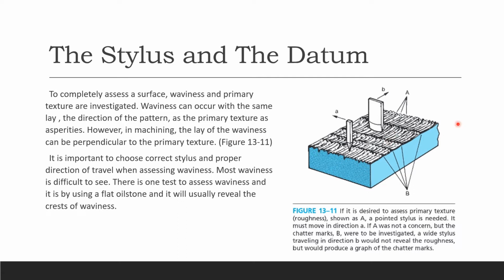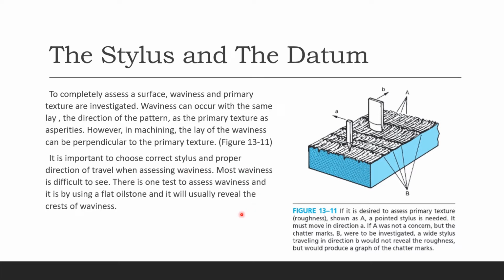So waviness can happen with the same direction of the pattern as the primary texture, as your asperities. However, in machining, the lay of the waviness can sometimes be perpendicular to your primary texture. Okay? So it's important to choose the correct stylus and the proper direction of travel when assessing waviness.